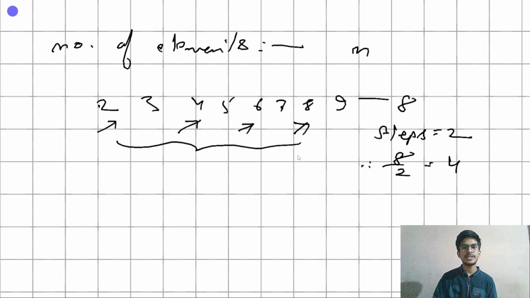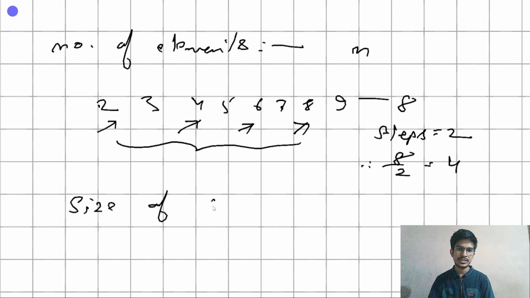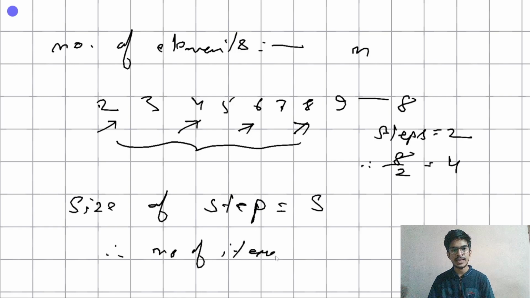That means the number of steps depends on the size of the array and on the step size, how much of a step we are taking at a time. Suppose s is the step size. Then the number of iterations in the array will be n upon s.